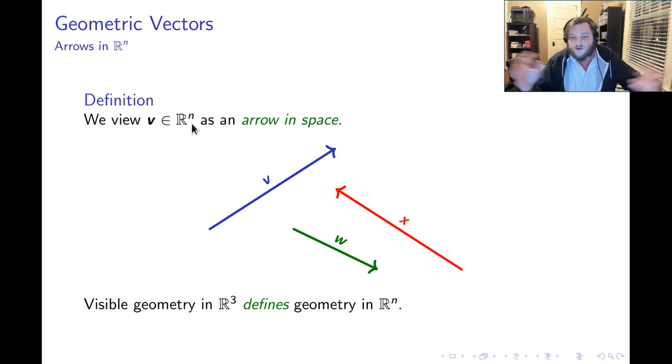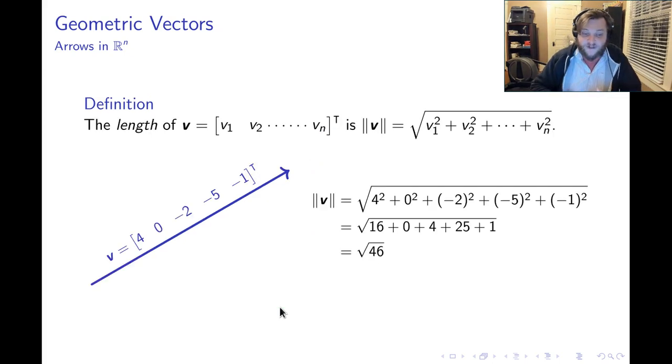So if I'm just talking about a generic vector, regardless of whatever dimension it lives in, I'll simply represent it geometrically as an arrow. And the idea now is that the visible geometry of the smaller dimensions defines geometry in high dimensions. So, for example, we have a length formula that makes sense. How should we define the length of a vector with n coordinates?